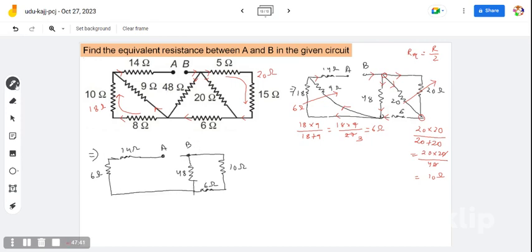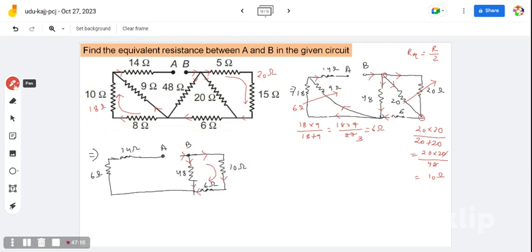Now again we do the current distribution. So current from here will pass through these two branches. Now look, the same current is passing through 10 and 6, and it is joining up here with the 48 ohms. So 10 and 6 will be in series. So what will be the net resistance? It will be 16 ohms.